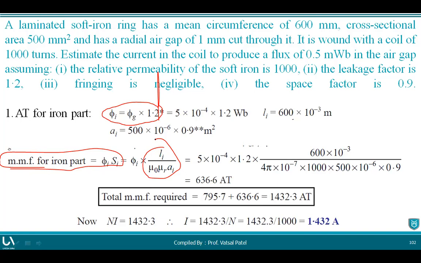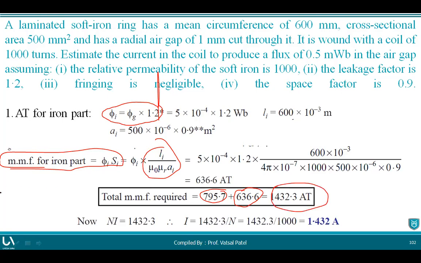So you can identify the total MMF, which is the combination of AT g and AT i.